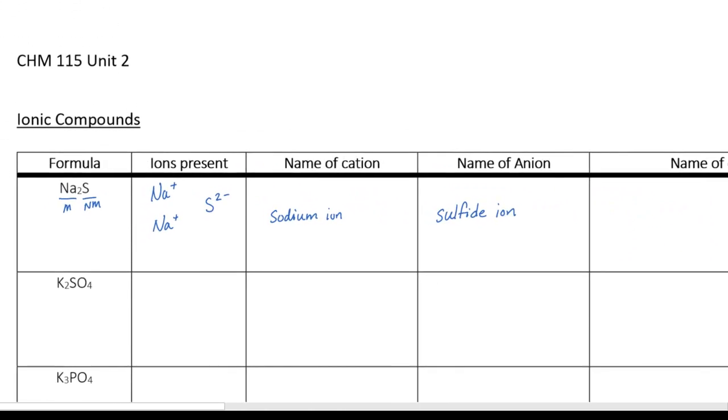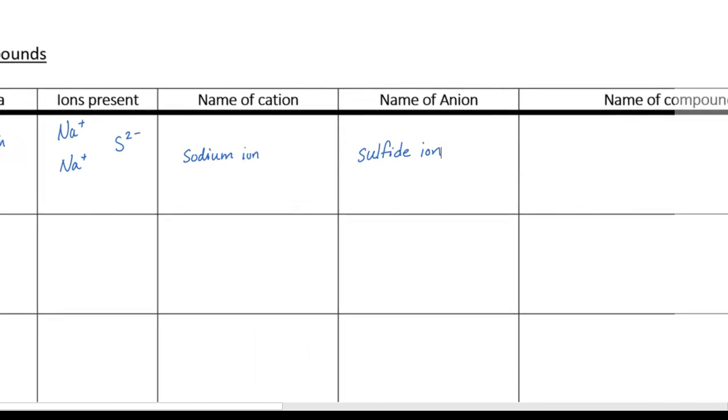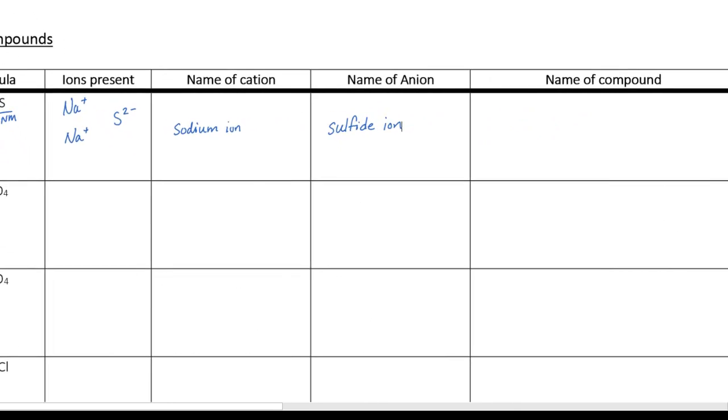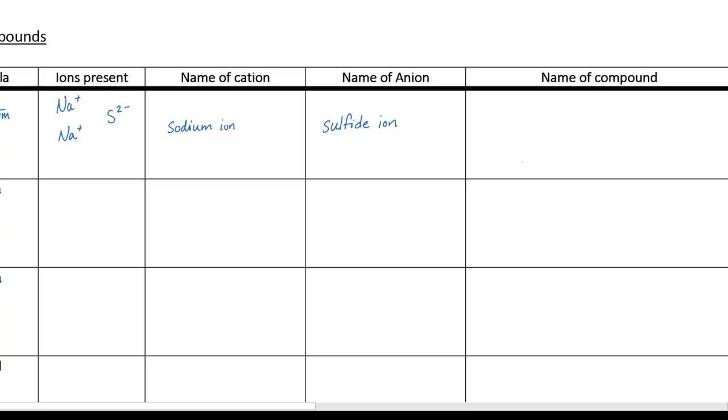Now, to form the name of this compound, it's pretty straightforward. What we'll do is we simply combine the cation first, so sodium, and then that of the anion, which is the negatively charged ion, sulfide.